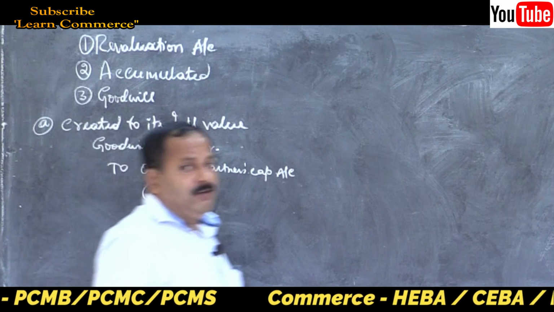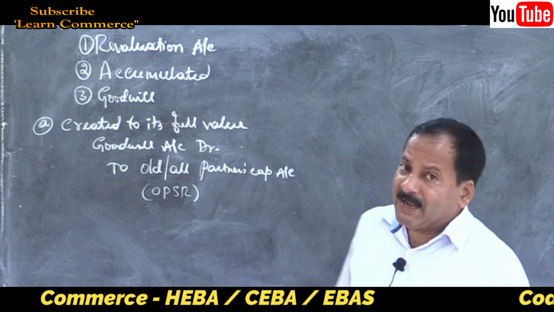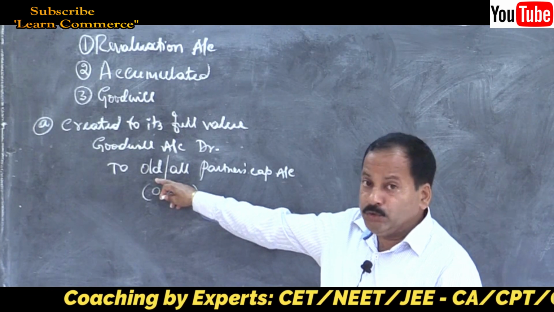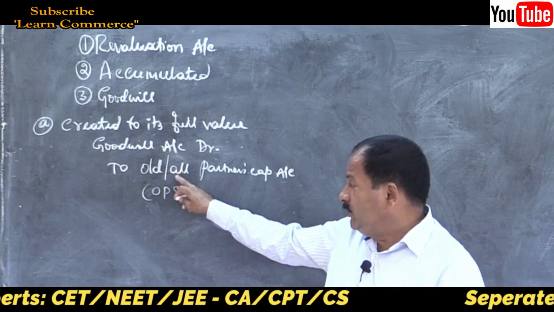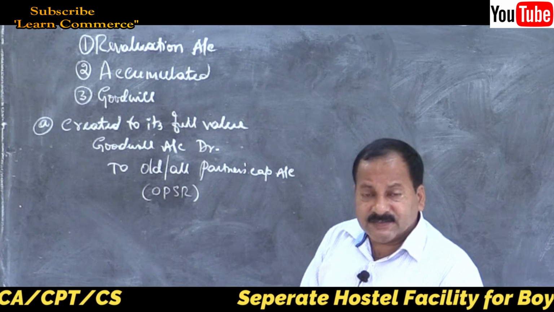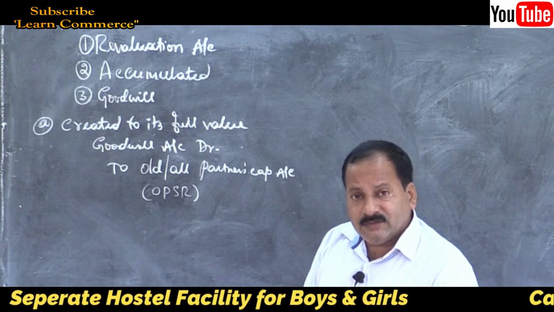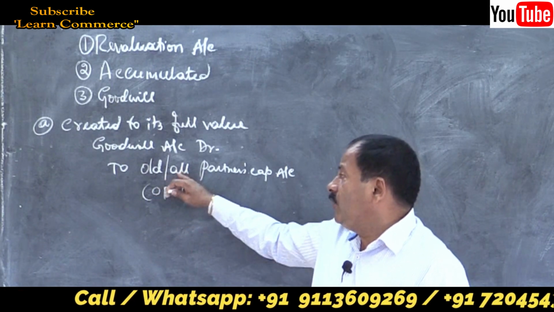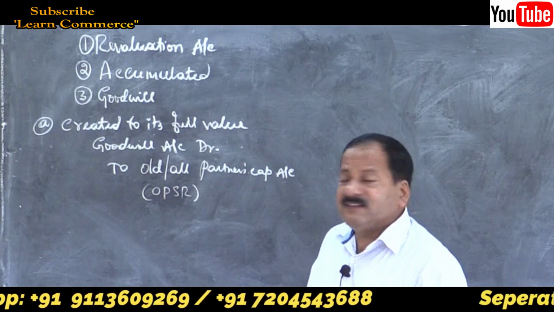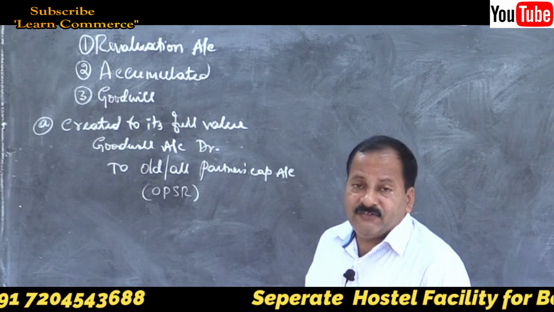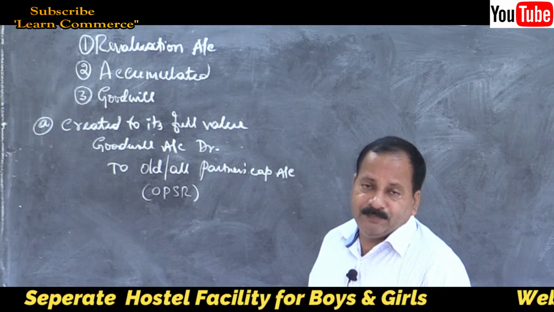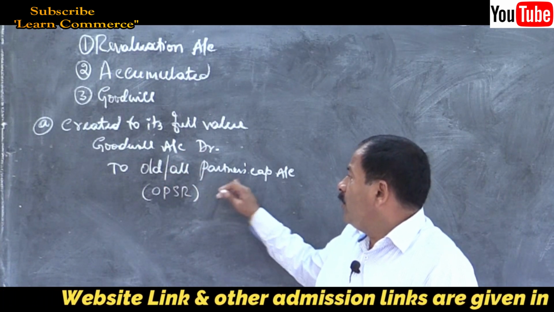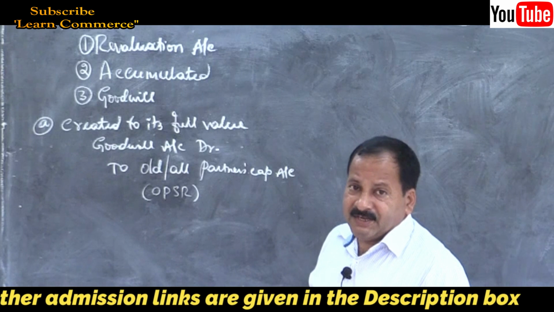In case of admission, we used to transfer only to the capital accounts of old partners, not the new partner. But here old partners means all the partners. The person who is going out also had an old ratio. So to all partners' capital account, we will transfer in their old profit sharing ratio.